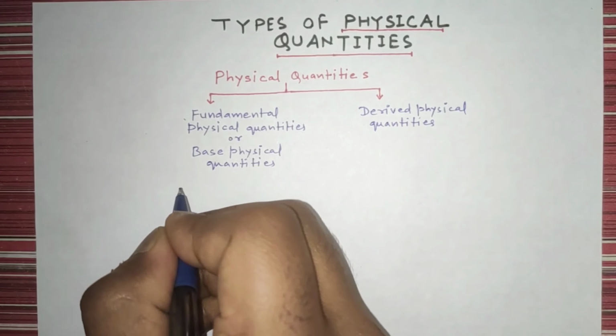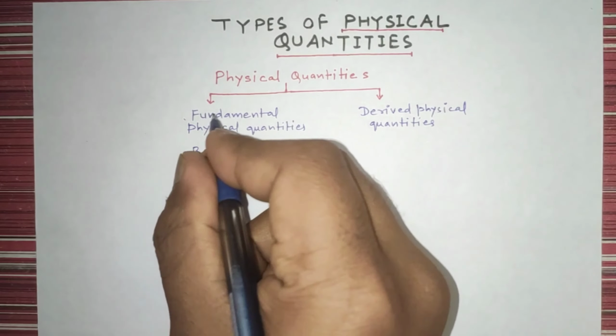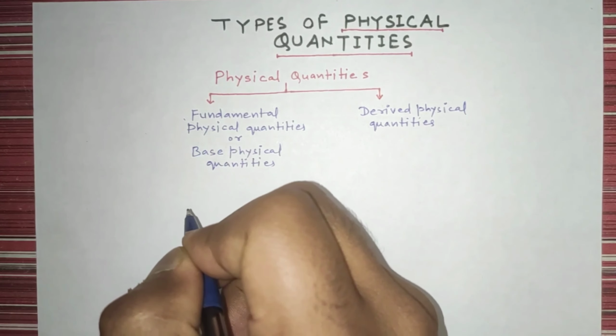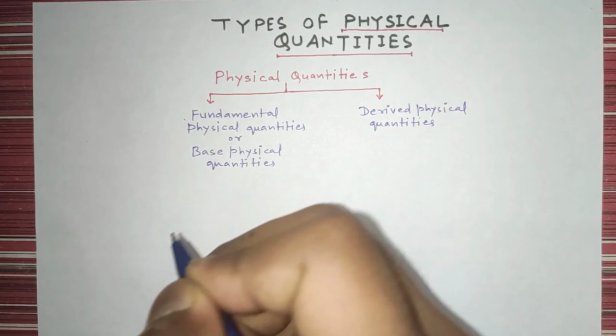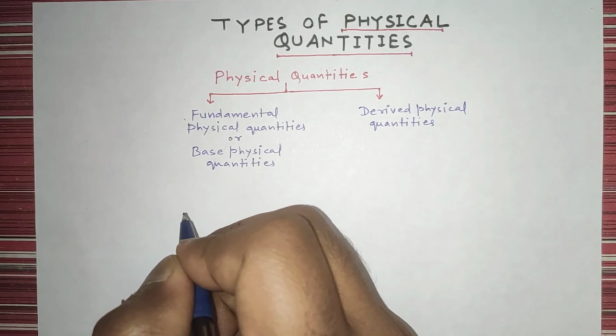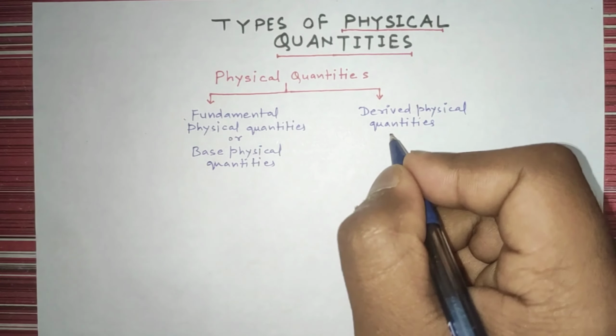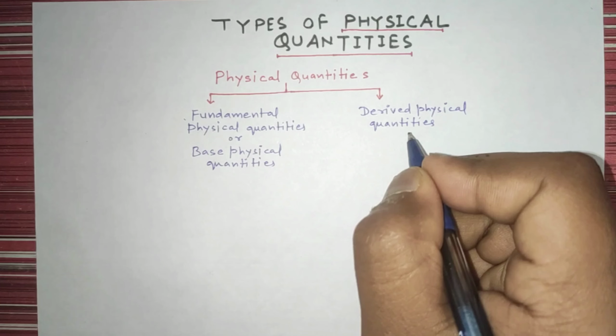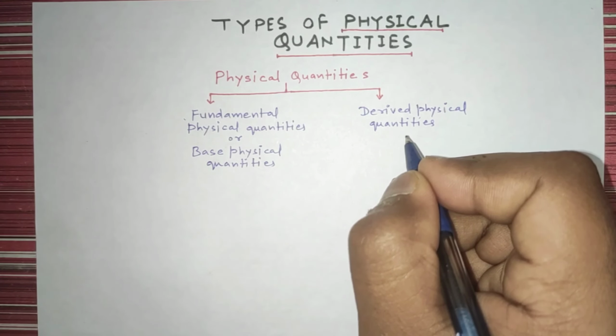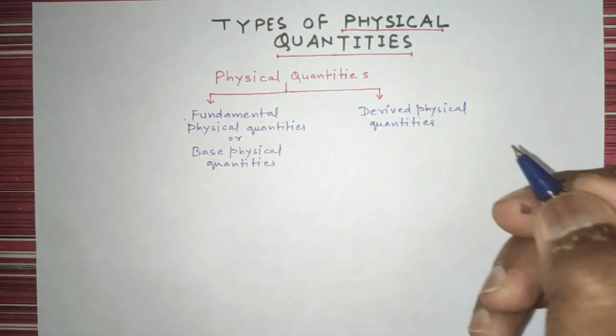Now the units associated with fundamental physical quantities are called fundamental units or base units, and the units associated with derived physical quantities are called derived units.